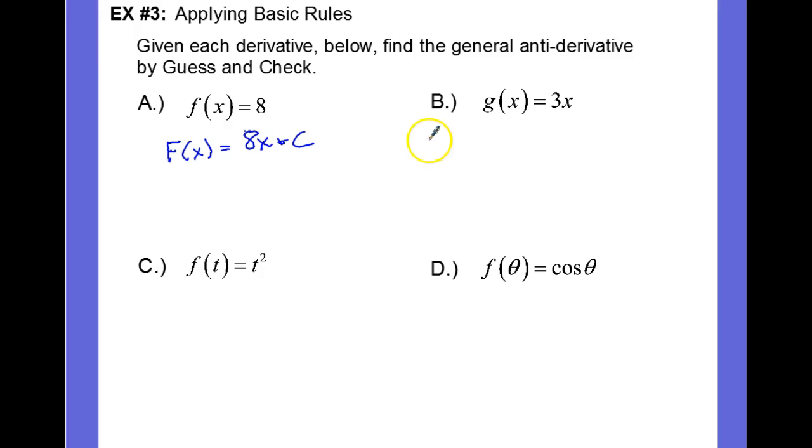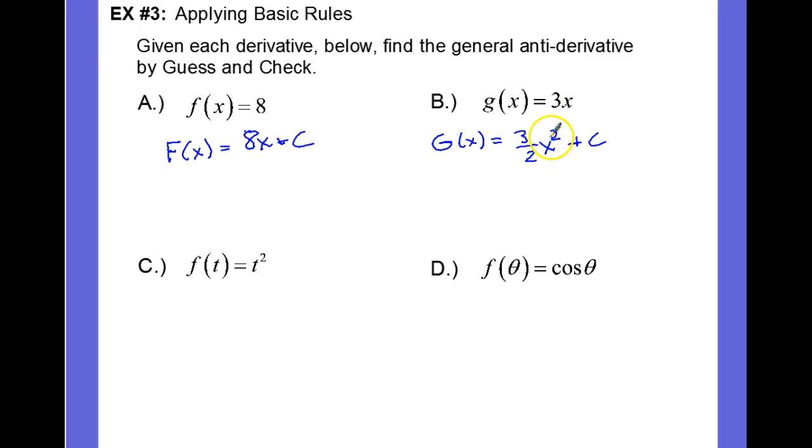What about g of x? So capital G of x, the antiderivative is going to be, and remember that when I undo the power rule, I want to raise the exponent by 1 and then divide by the exponent. So this would give me 3/2 x squared and then plus C. Now let's just try and see if that works.